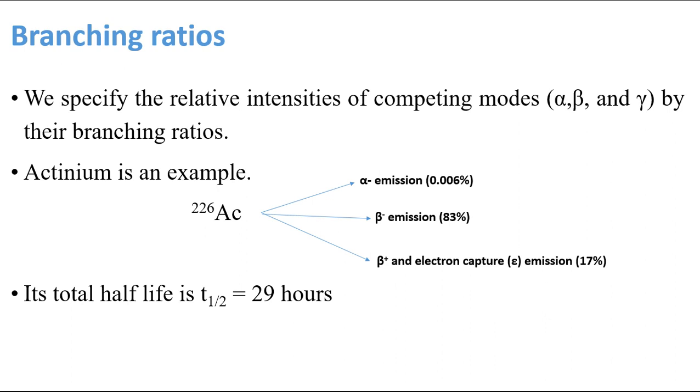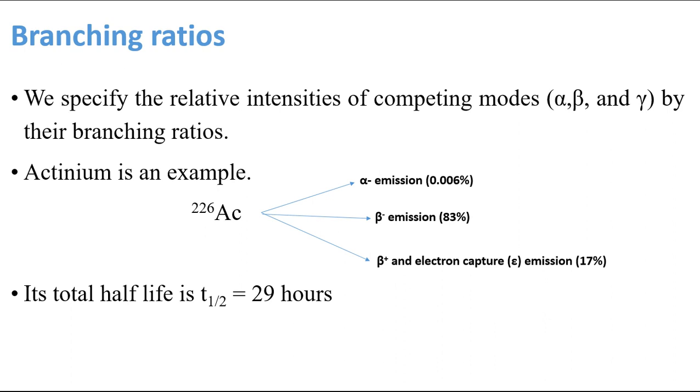Actinium is an example in which we have three kinds of decay, and here we can divide this into three separate processes. Alpha emission has 0.006% occurrence as its branching ratio. Beta minus emission has an 83% chance of occurring. Beta plus and electron capture together have a chance of 17%.